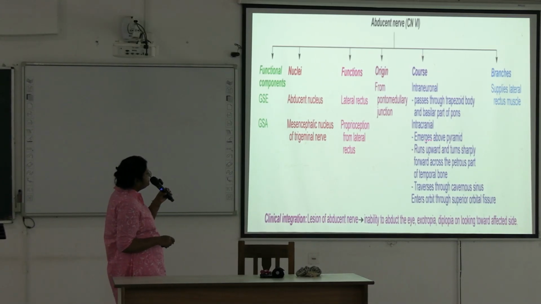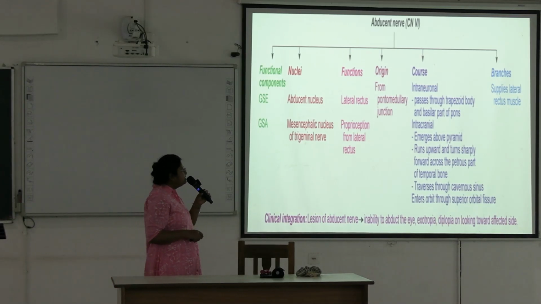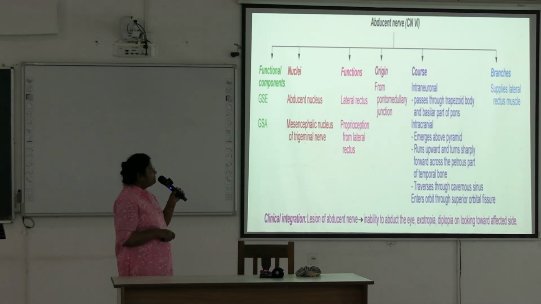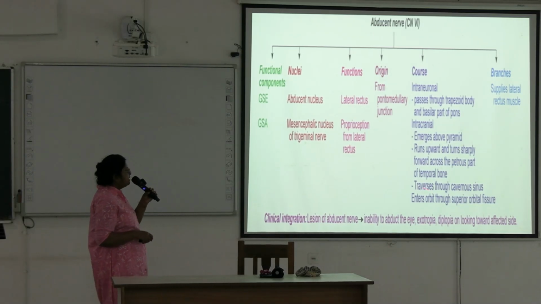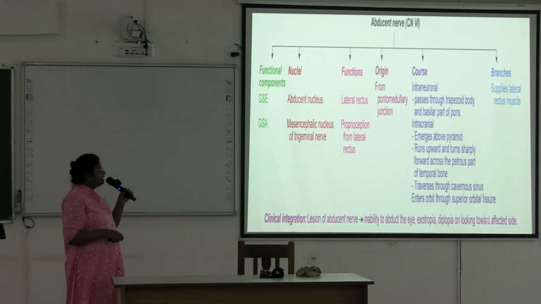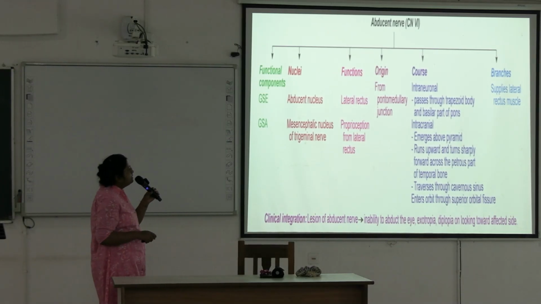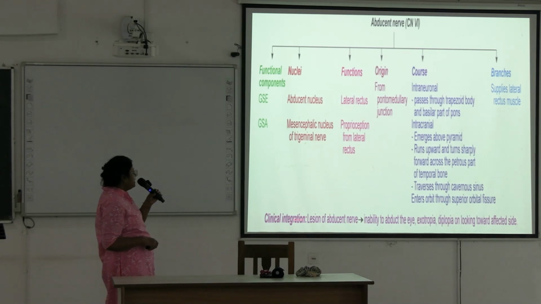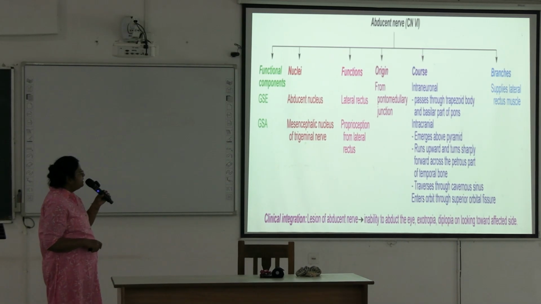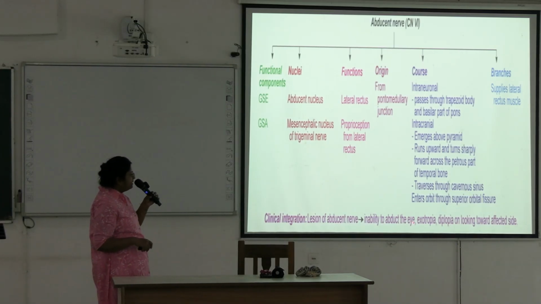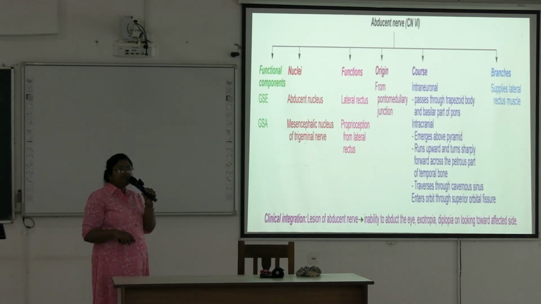The intracranial course emerges above the pyramid, runs upward and turns sharply forward across the petrous part of the temporal bone, traverses through the cavernous sinus, and enters the orbit through the superior orbital fissure. The branch supplies the lateral rectus muscle. In case of lesion of the abducent nerve, there will be inability to abduct the eye, esotropia, and diplopia on looking towards the affected side.